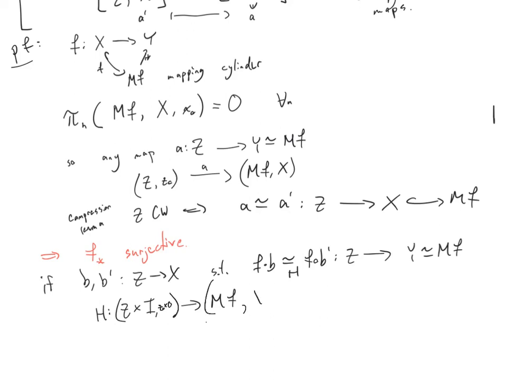Into Mf relative X, and again, the relative homotopy groups are trivial, so this has to land in X, including into there. And this commutes up to homotopy. So H is homotopic to this H prime.